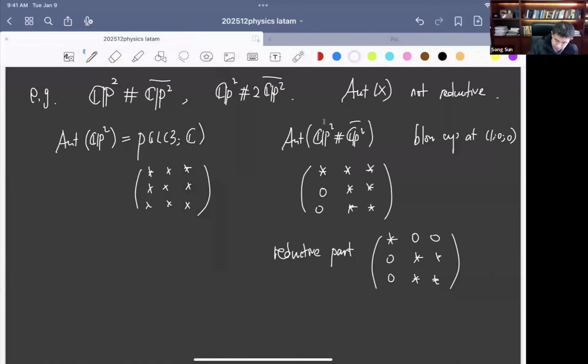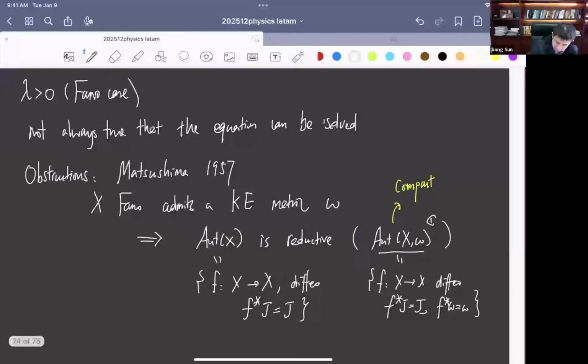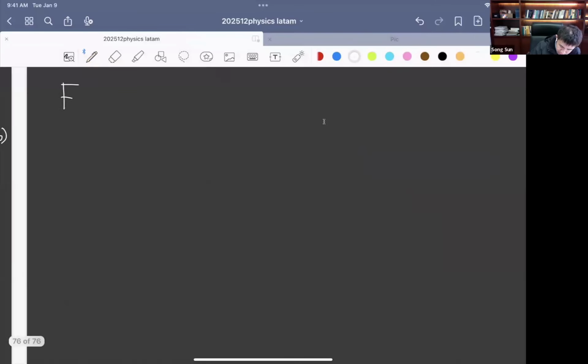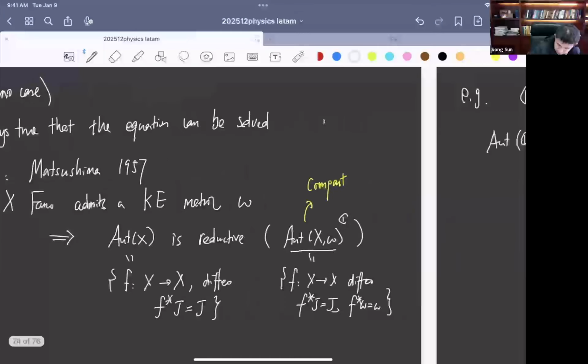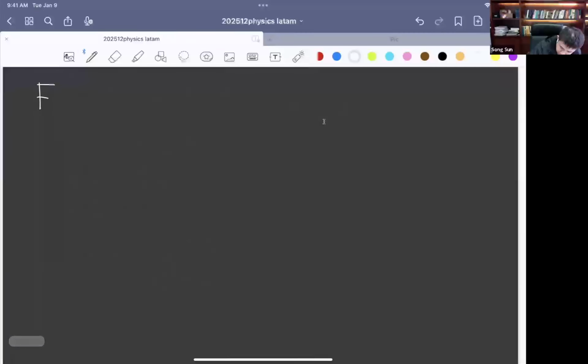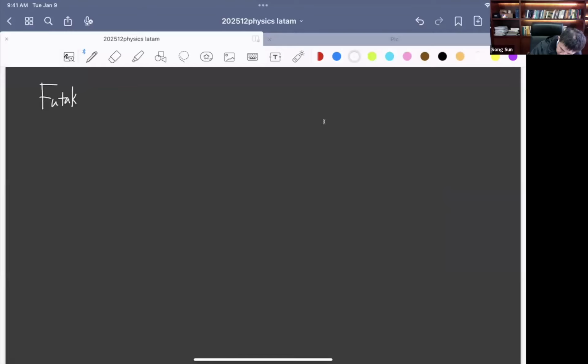So this is the first obstruction, found by Matsushima, and I think the second one was found by Akito Futaki sensei, around the 1980s.